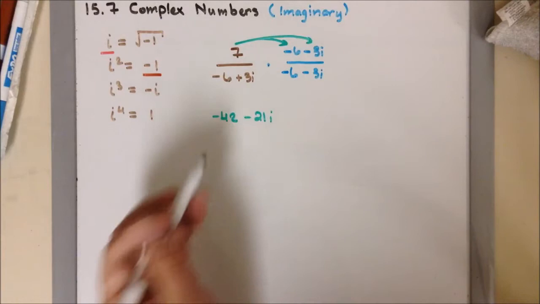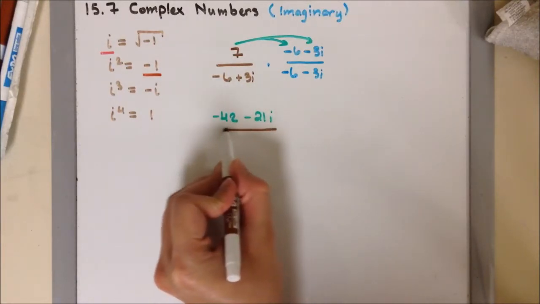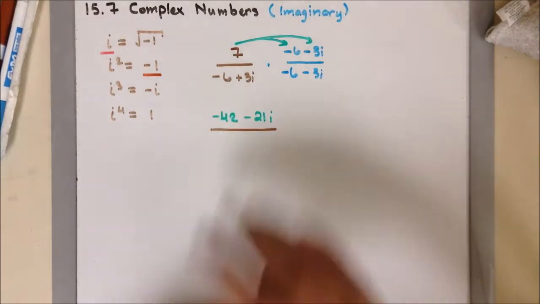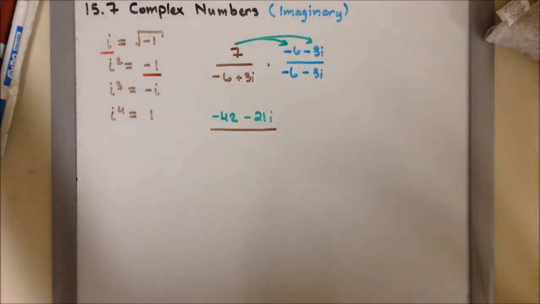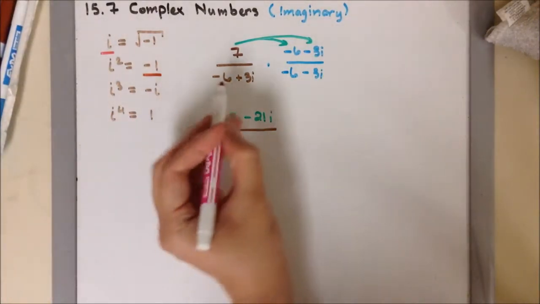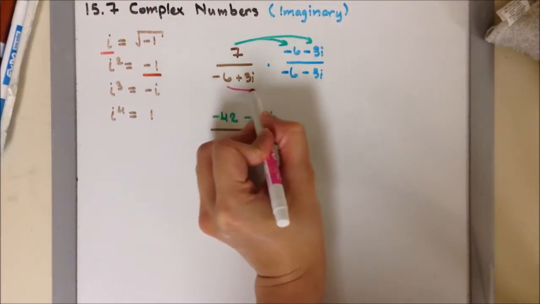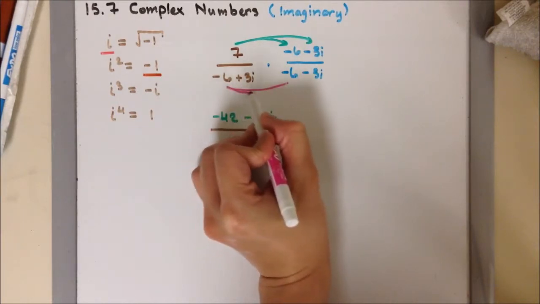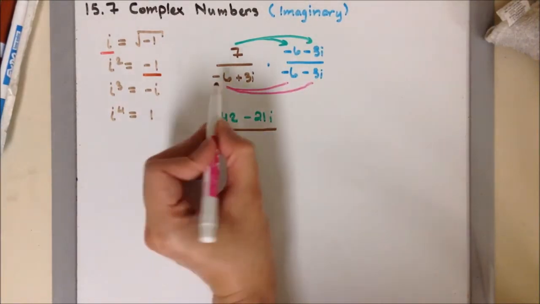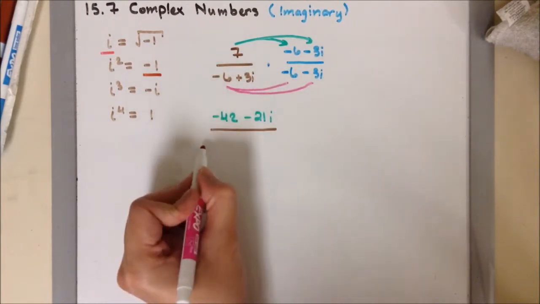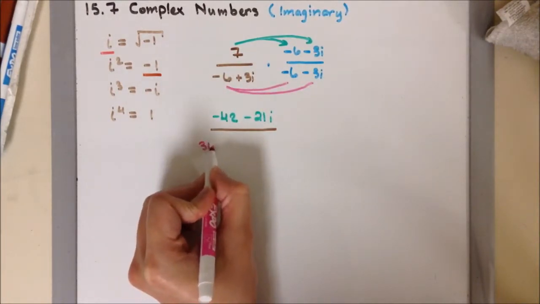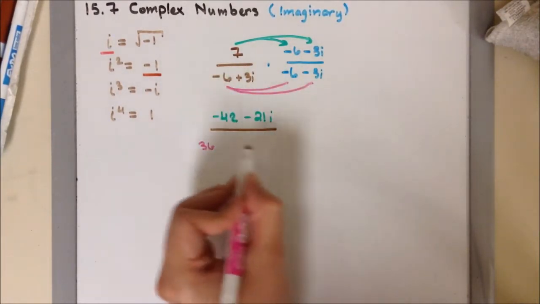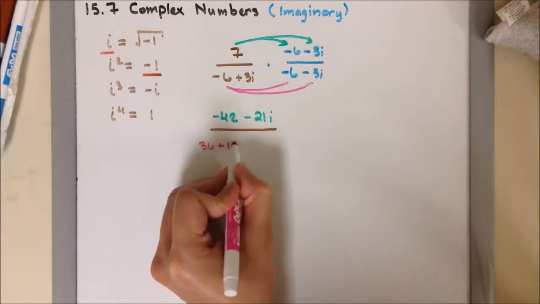Now for the denominator, since we have a binomial multiplying with another binomial, we're going to have to FOIL. So basically, negative 6 times negative 6 and negative 6 times negative 3i. Negative 6 times negative 6 is positive 36. Negative 6 times negative 3i will be positive 18i.